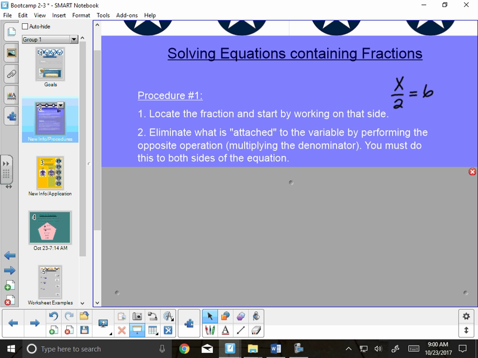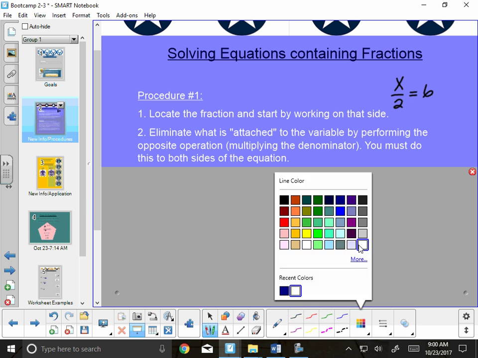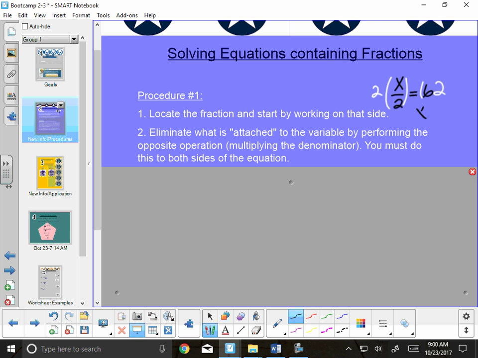You must do this to both sides of the equation. Just like solving one-step and two-step equations, whatever you do to one side, you must do to the other. To get rid of our 2 in the denominator, we're going to multiply both sides by 2. When we do that, we end up with x on one side, and 6 times 2 is 12.